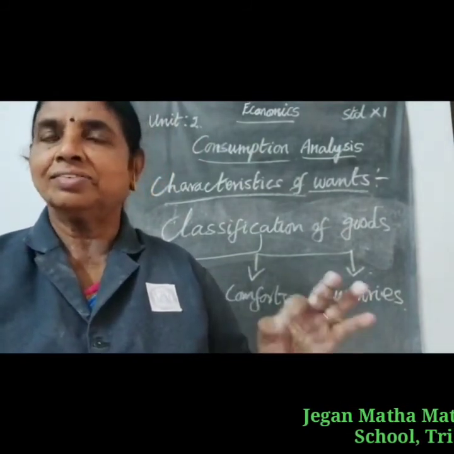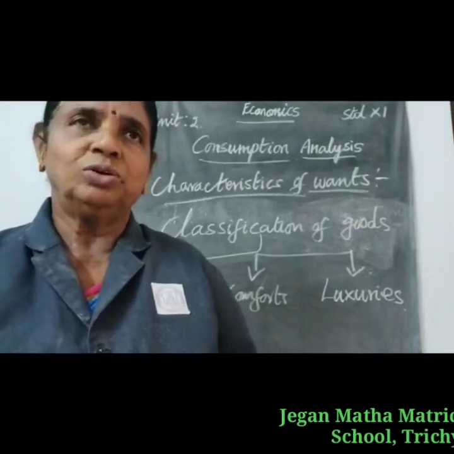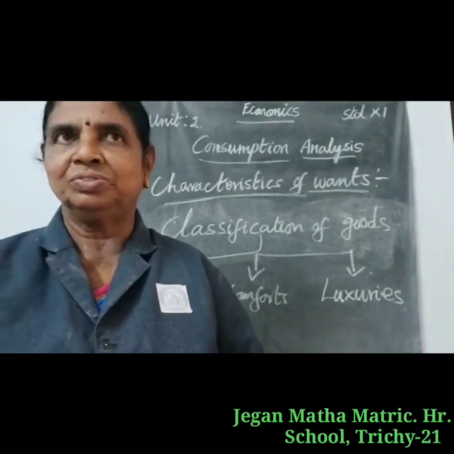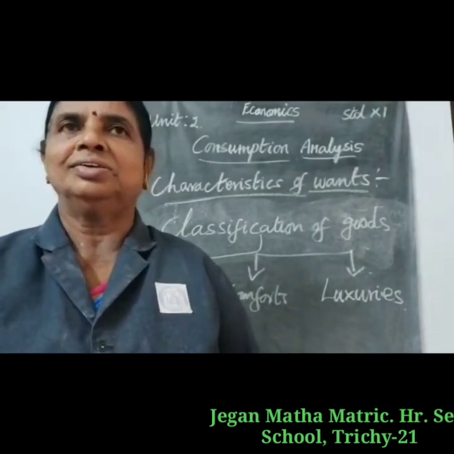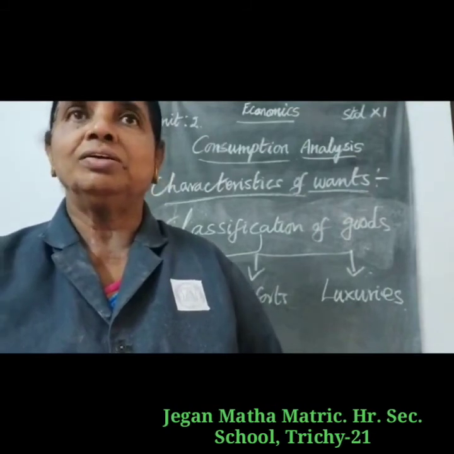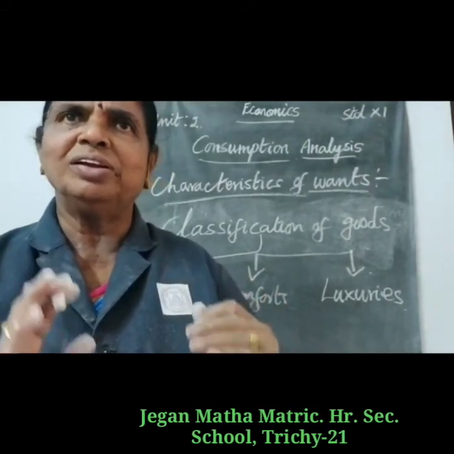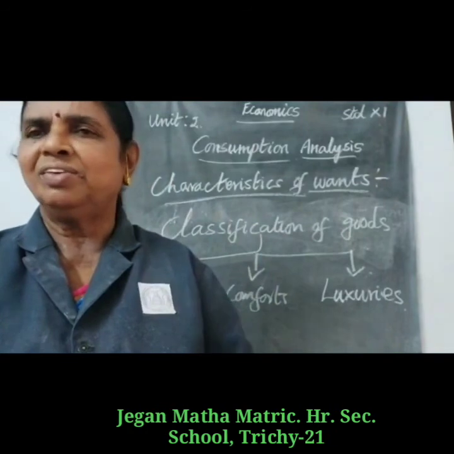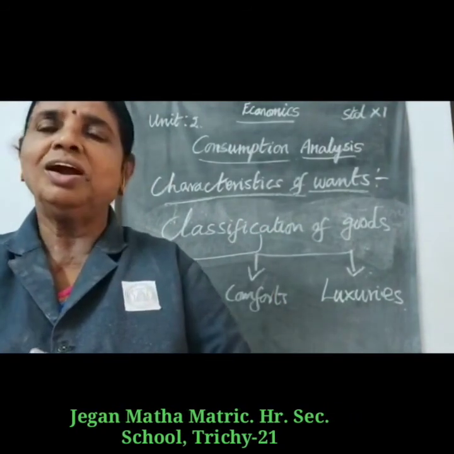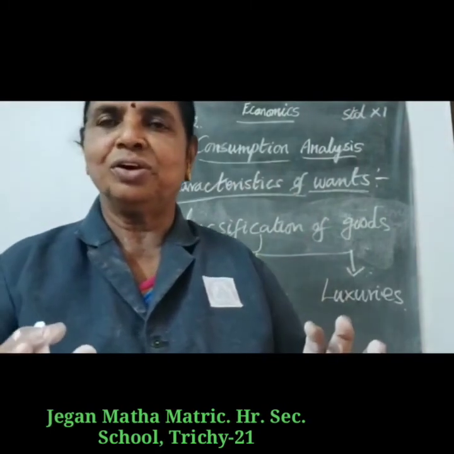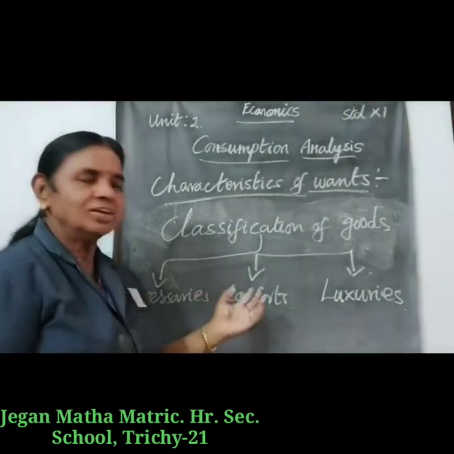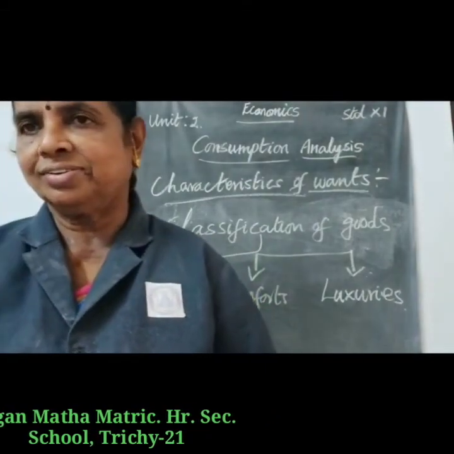A car is a necessity for a businessman or a doctor, but it is a luxury for a student. So we cannot say this is necessary, this is luxury and these are comforts. But anyhow, there is a classification of goods: necessaries, comforts and luxuries.